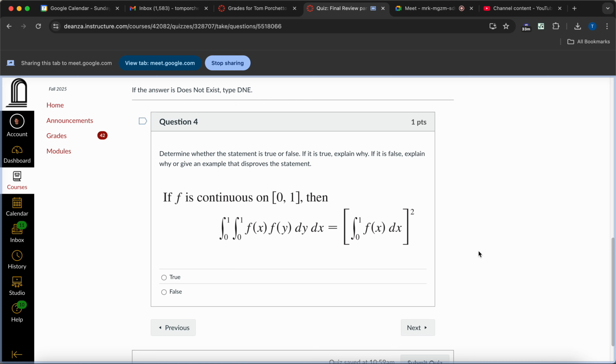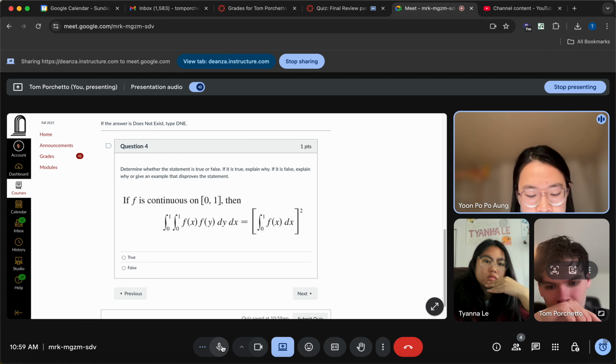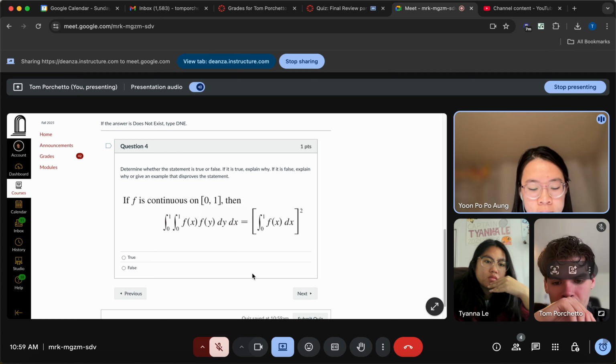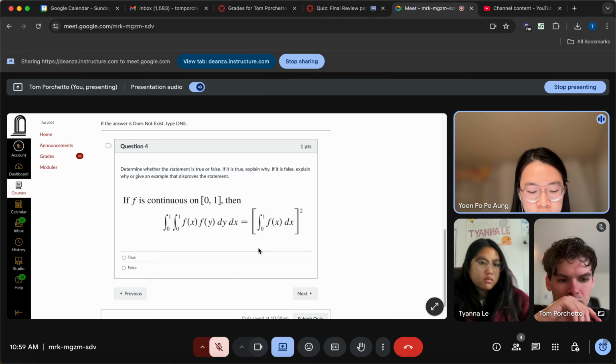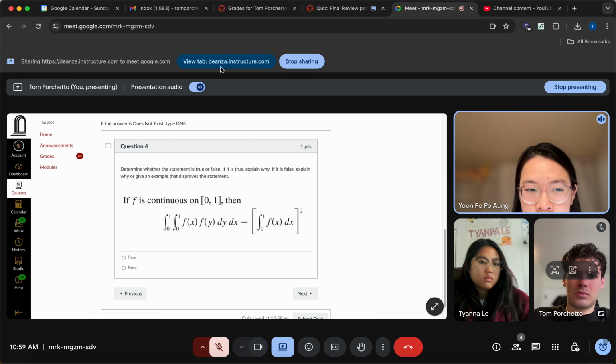So if we think that f of x dx is equal to x, and f of y dy is also equal to f of x dx, that will become the square of x squared. So we can technically think that the statement given in the question is true.